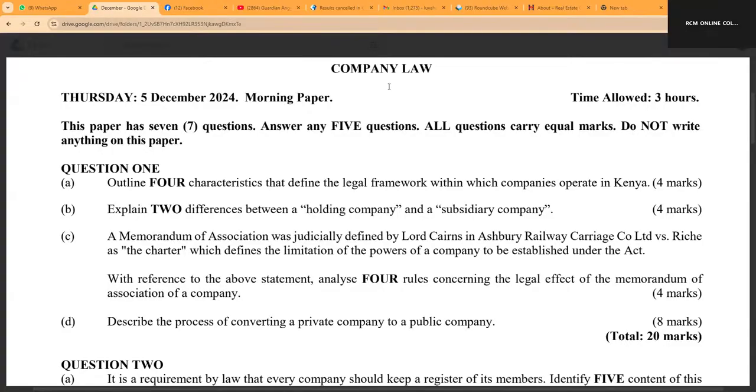So a holding company is simply a company that has a shareholding or an ownership of shares in another company. They can own 10%, 20%, 30%. While a subsidiary is a company whose shares are owned by another company in the majority, meaning more than 50%.